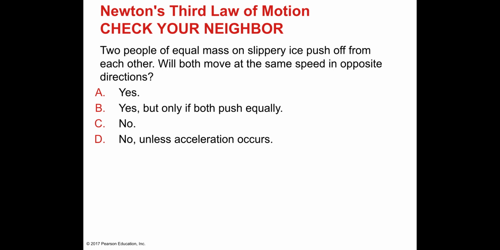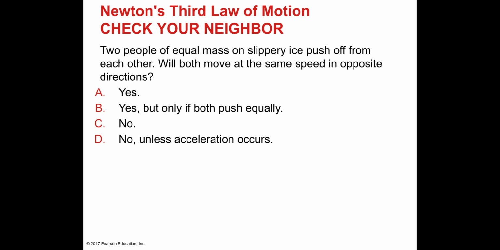So if two people push against one another, the only thing they have in common is that they apply the same force on each other, but in opposite directions. But when it comes to their speed, you can't talk about the same speed if you don't know their masses.